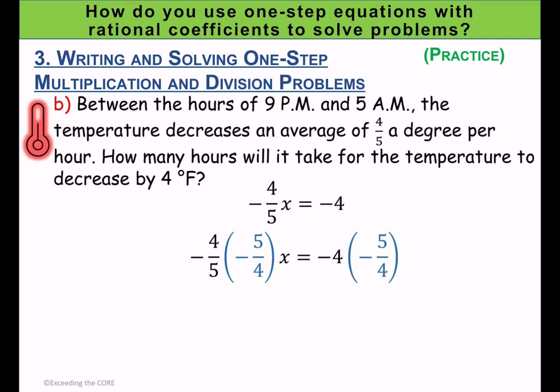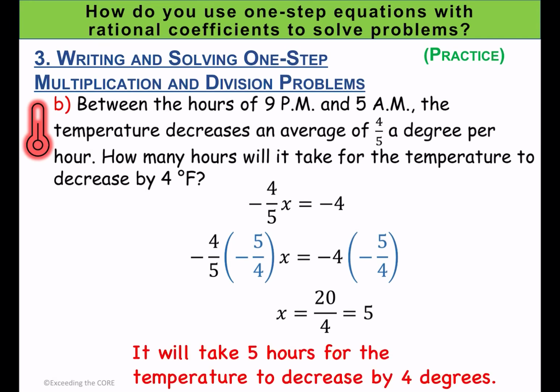To get rid of a fraction with my variable, I have to multiply it by its reciprocal. Then it will cross out. So if you notice 4/5, I'm going to multiply it by 5/4. So that gets rid of it on that side. And then on the other side, I'm going to also multiply by its reciprocal, which ends up being 20 over 4, which is 5. So it will take 5 hours for the temperature to decrease by 4 degrees.